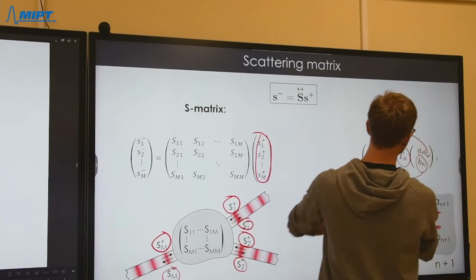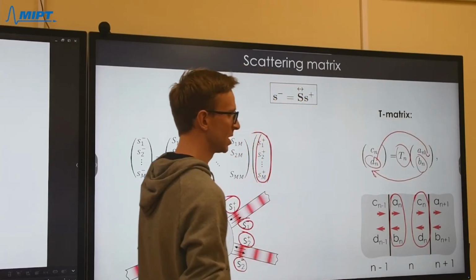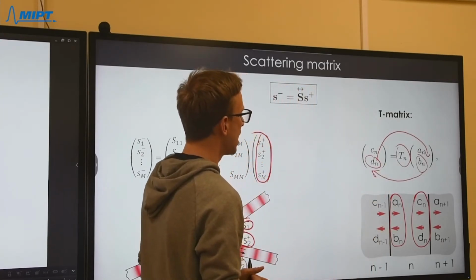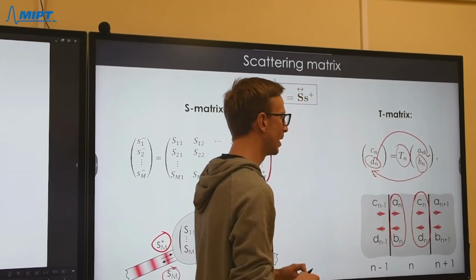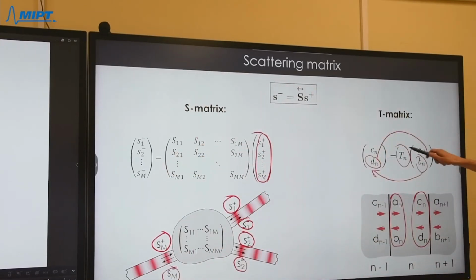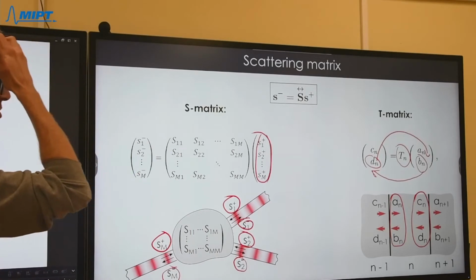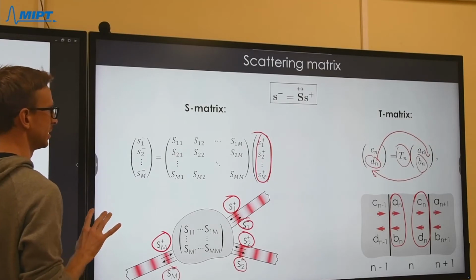So we need to flip these two vector elements, B and D. And this can be done by a unitary transformation of the transfer matrix, if I'm not mistaken. And then when we apply such a transformation to this matrix, this will be a scattering matrix, because then what we have on this side of the identity will correspond to incoming radiation, and here we'll have the scattered radiation or outgoing waves. So there is a relationship between the S matrix and the transfer matrix, but you should not confuse them. They are fundamentally different objects.